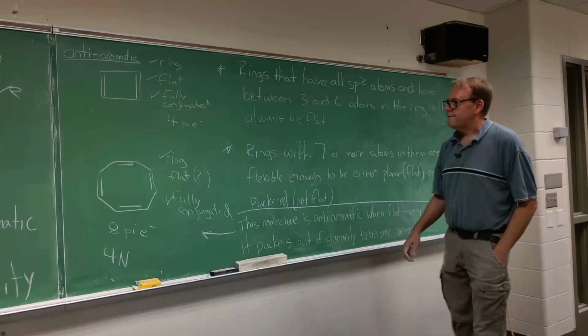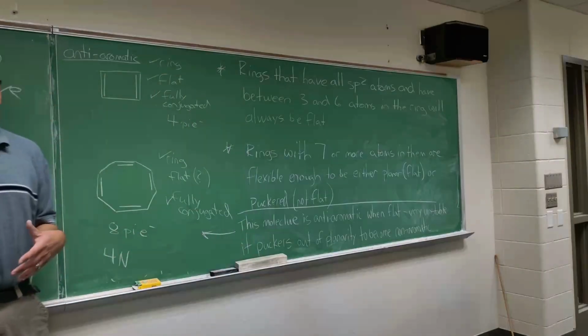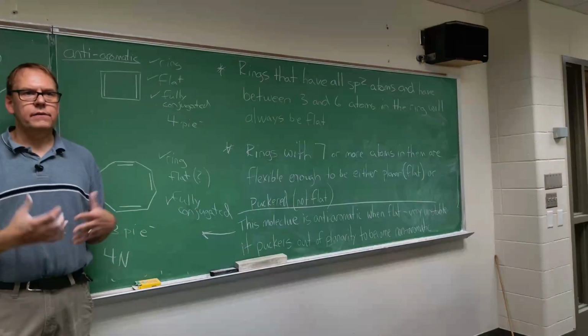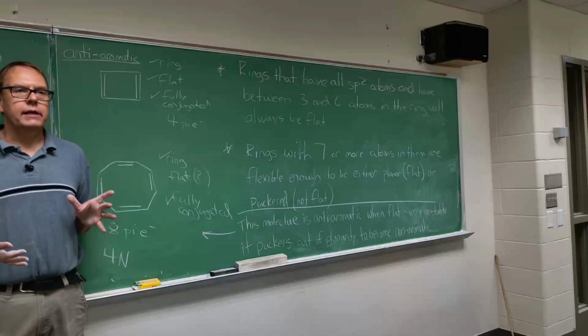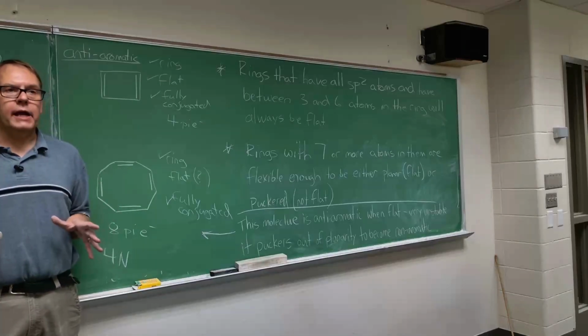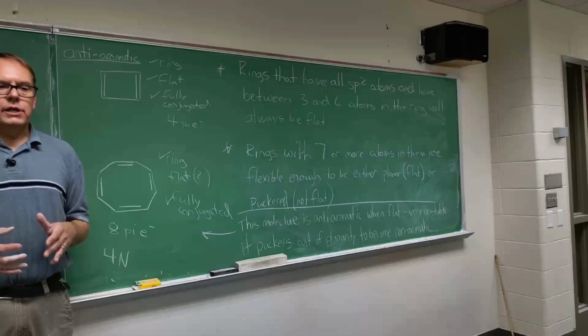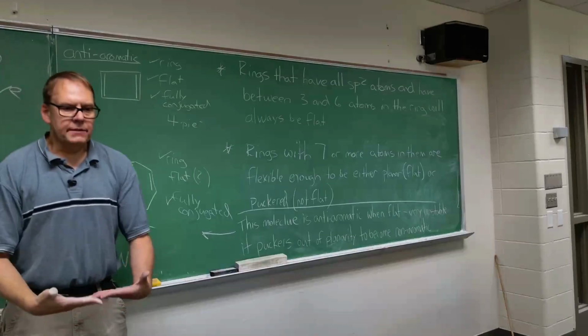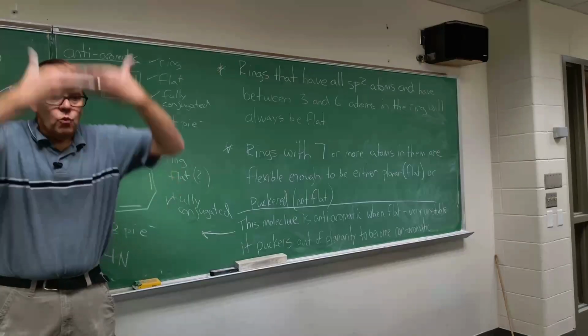Because basically, by avoiding being flat, it no longer is fully conjugated. That ring of electrons is broken, and so it isn't anti-aromatic anymore. It's just non-aromatic. Non-aromatic is better than being anti-aromatic. The hierarchy of energy is aromatic is the best. That's the lowest energy. Non-aromatic is just kind of normal, and anti-aromatic is way up high.